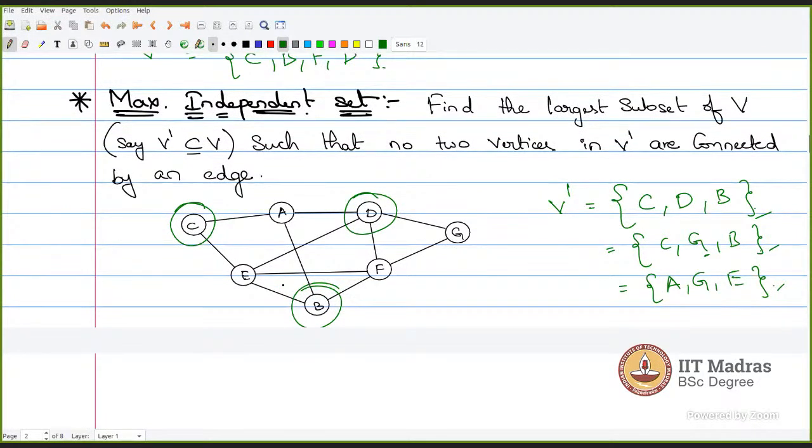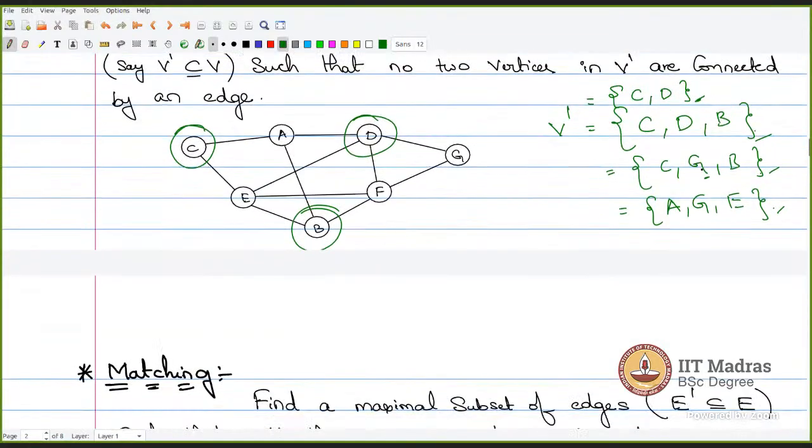In every set there are 3 elements, so whichever set has the maximum number of vertices, that we consider. Here all the sets contain 3. You can have C, D also, which doesn't share an edge. This is also an independent set, but it is not the maximum independent set.